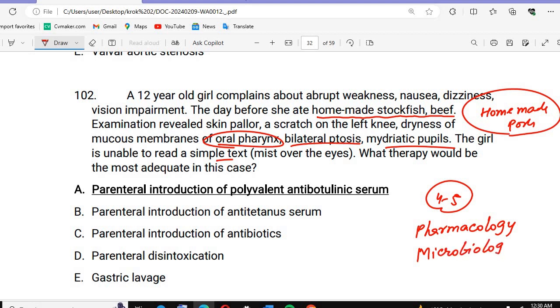All other things you will be able to do easily, like pathomorphology or pathology, because that is integrated and you know the concepts. But for these you need to go through those topics again. First we will do pharmacology and microbiology, just 5 pages of whatever I tell you to read.